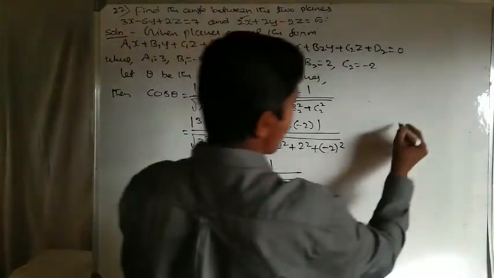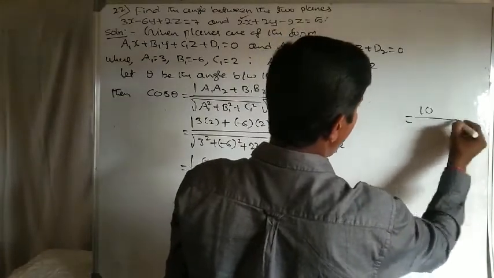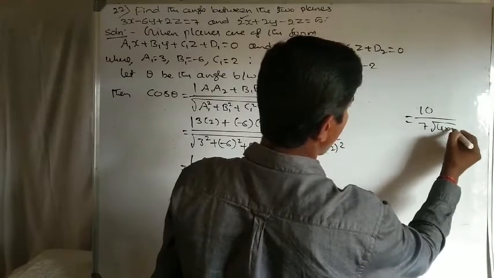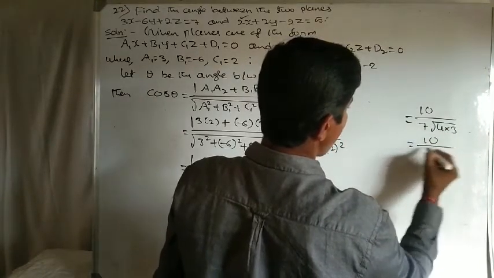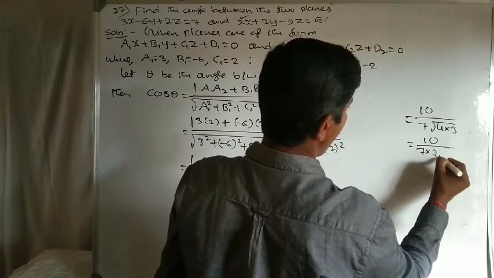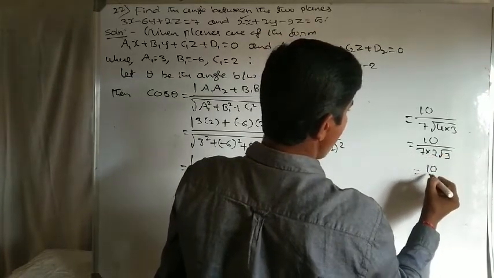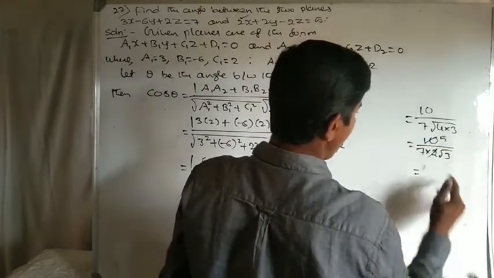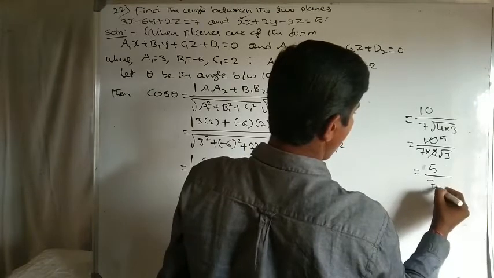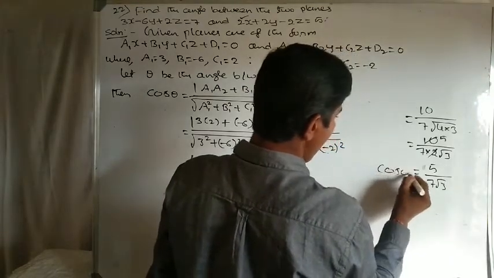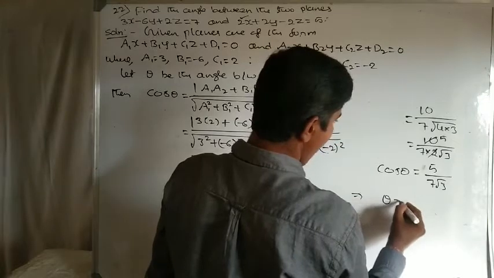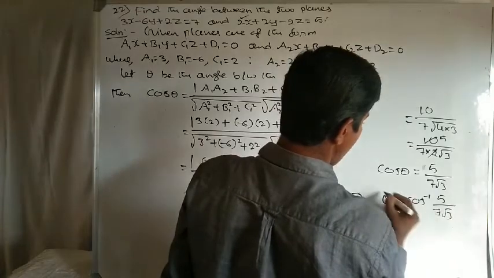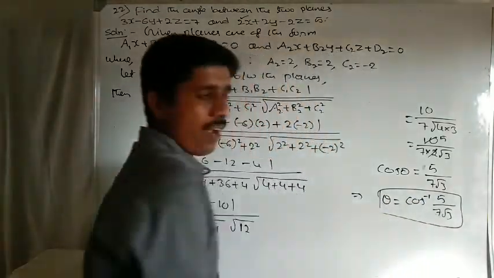Modulus of minus 10 is 10, divided by root of 49 is 7, root 12 is root of 4 into 3, square root of 4 is 2, into root 3. 2 ones are 2, 2 fives are 10, so 5 divided by 7 root 3. This is cos theta. Then theta is equal to cos inverse of 5 by 7 root 3.